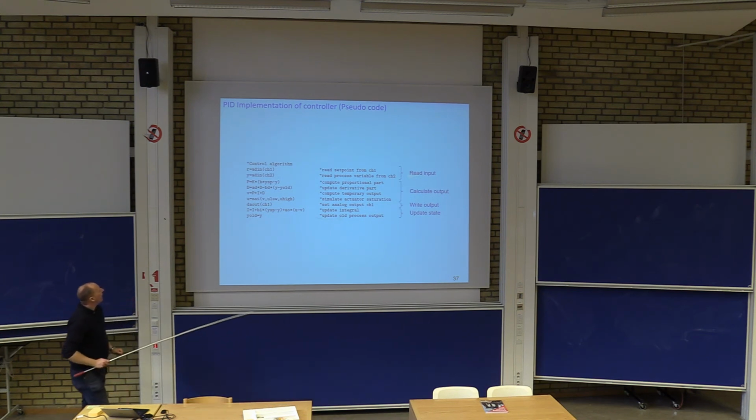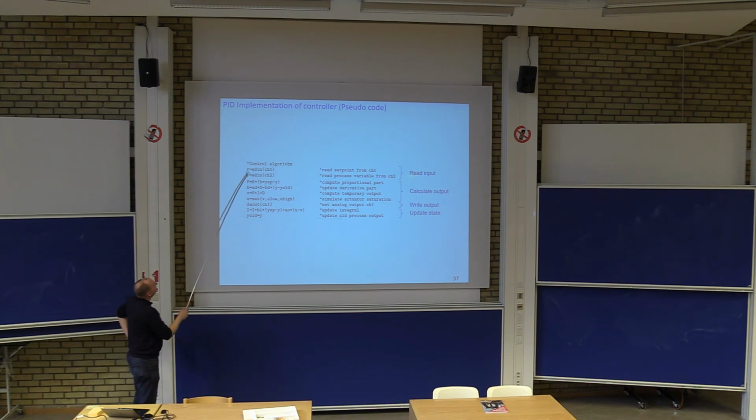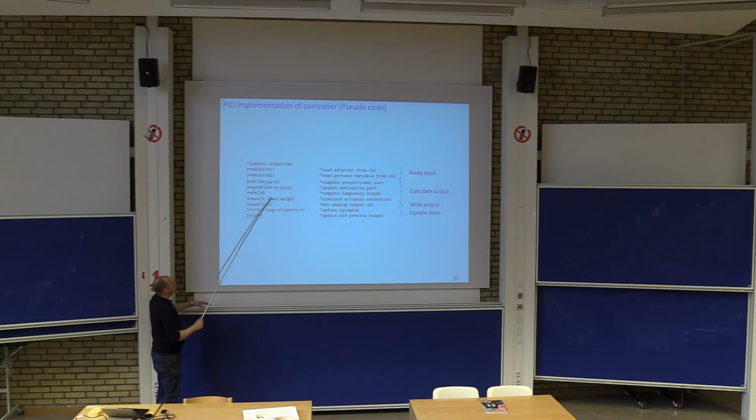So this is a PID controller. You read the inputs here, then you calculate the proportional part, you calculate the derivative part, and then you calculate the output as the proportional plus integral plus derivative part. Then you have some actuator saturation that you might or might not include in the control algorithm, and then you send out the output.